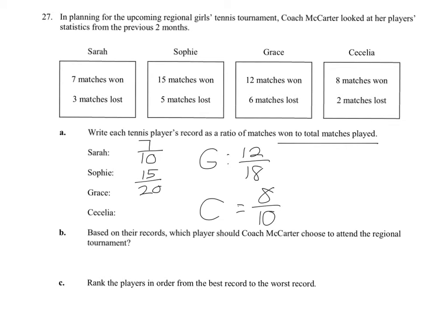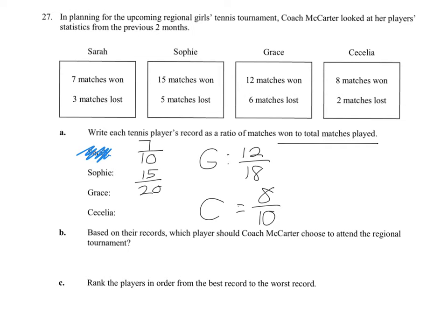Okay, so based on their records, which player should Coach McCarter choose to attend the regional tournament? Well, obviously you want the best player. So we can automatically mark off Sarah because Cecilia right here has 8 out of 10, where Sarah only has 7 out of 10. So we know that Sarah is not the best because Cecilia clearly beat her.